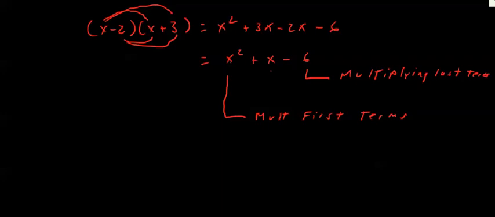And the x came from the plus 3x and minus 2x, which is doing the inside terms and outside terms. Inside and outside terms.